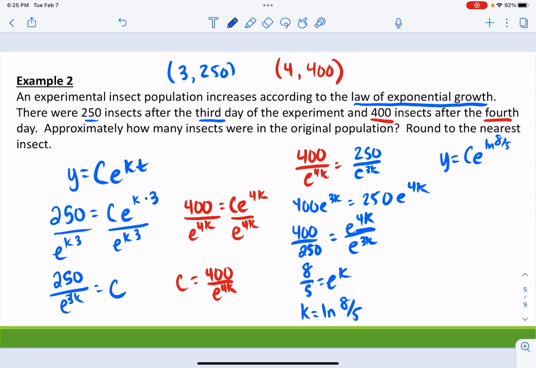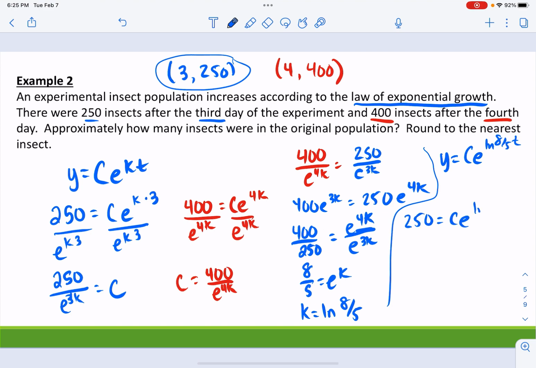I lost my t. So I plug in 250 equals C e to the ln of 8/5 times 3. And then solving that for C, you get 61 insects.